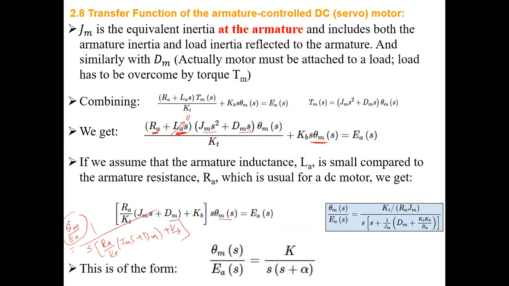That's your theta m over EA. Now, if you just remember, you get rid of this J M R A over K T. Remember, we used to do that, right? You get rid of J M R A over K T. If you do that, you'll end up getting this. This is simple, a couple of steps of algebra. Two steps of algebra.